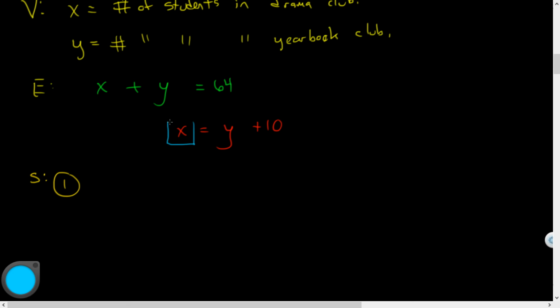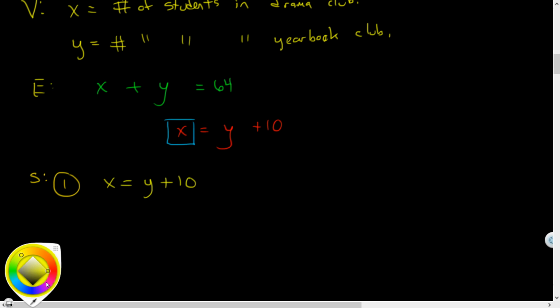And why do you like that? Because it's already solved for x, right? Why create more work for ourselves? But all of them had positive or negative ones as their coefficients, right? They all had positives in this case. But yeah, we might as well solve for the one that's already solved.